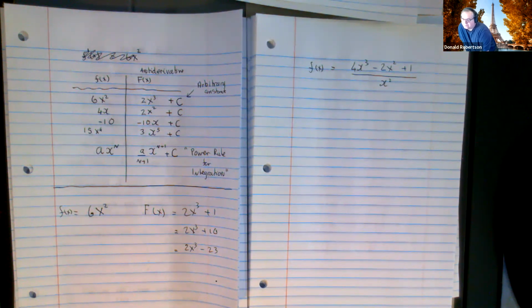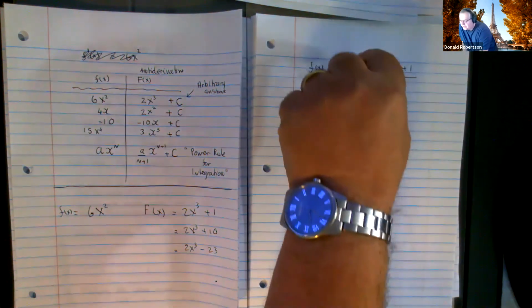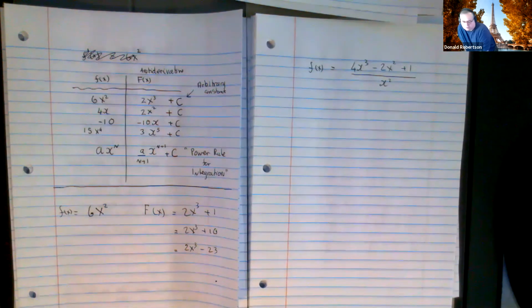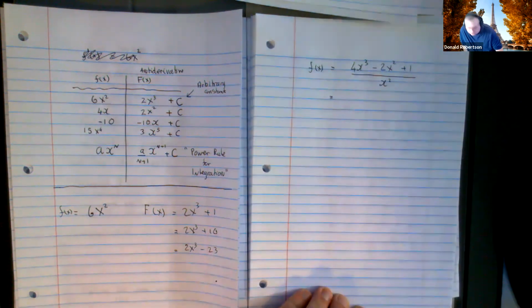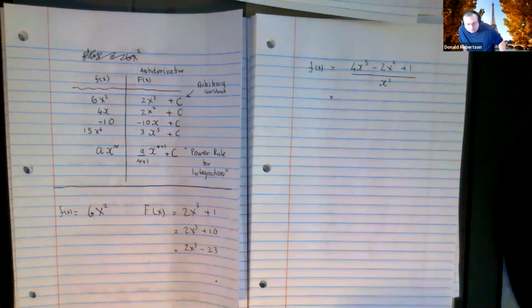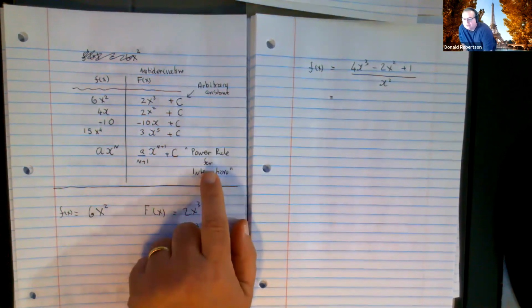But I can't do the power rule on it because it's not single powers of x. It's a whole load of things on the top over an x squared in the bottom. And I'm not allowed to say, oh, I'll just do the power rule to everybody and that's the answer. It doesn't work, right? You don't get the right answer if you did that. Any suggestions for what I might do to change this so that we can use the power rule for integration?